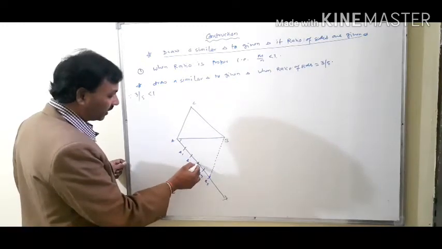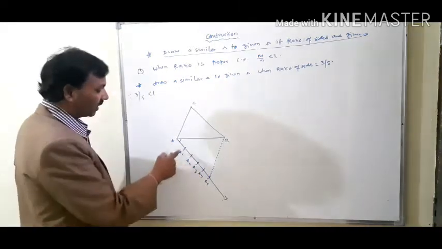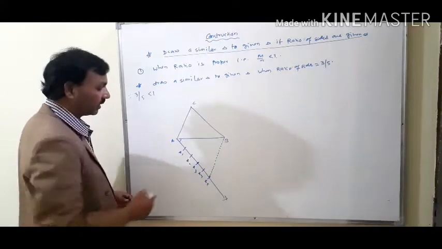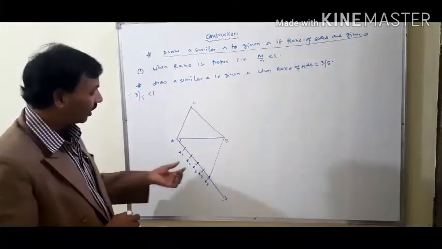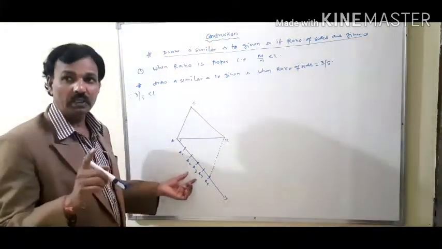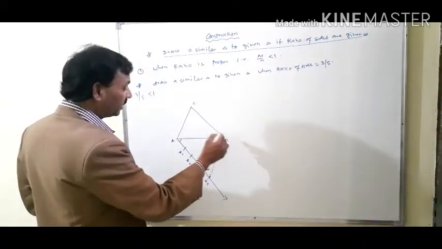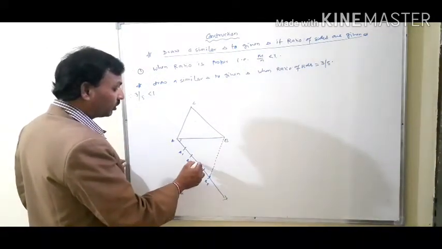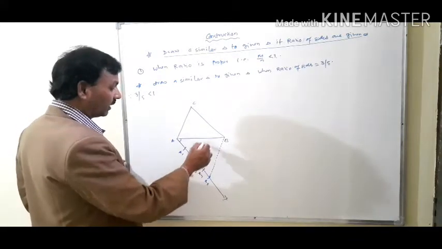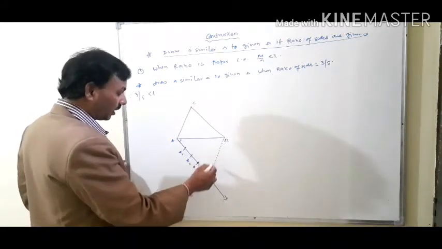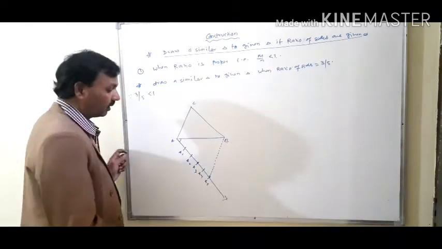This is A3, 1, 2, 3, and from the point A3 we should draw a parallel line to A5B, in the upward direction to BA5.